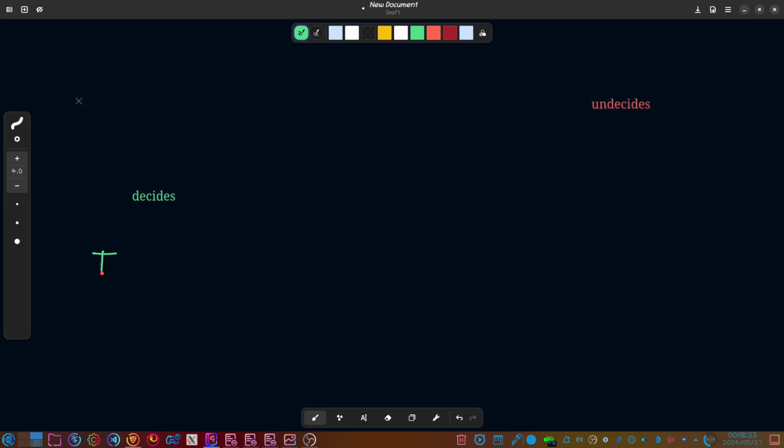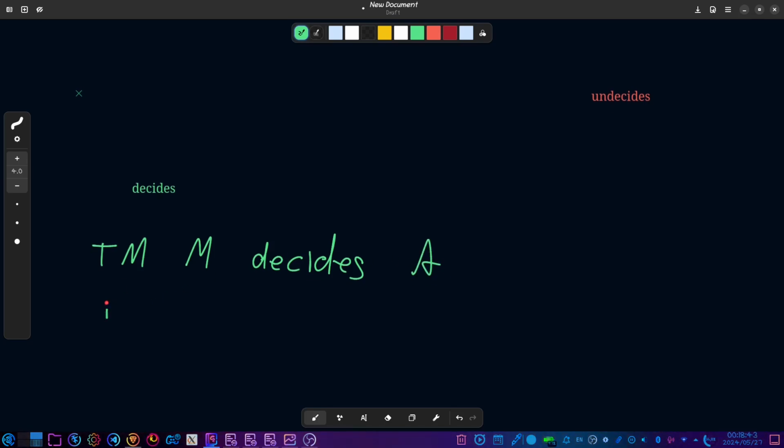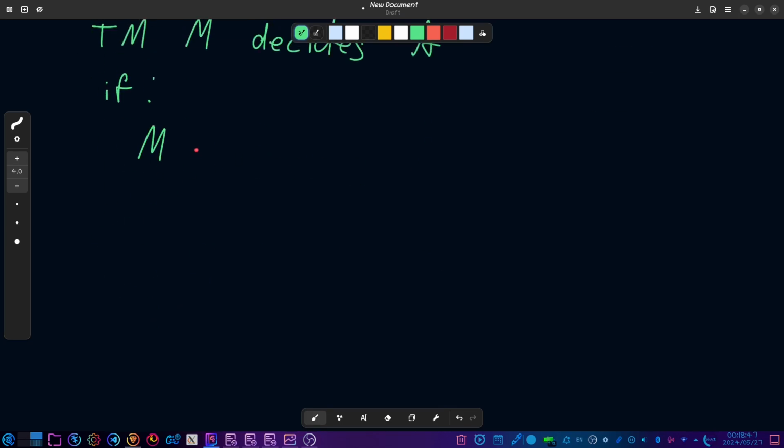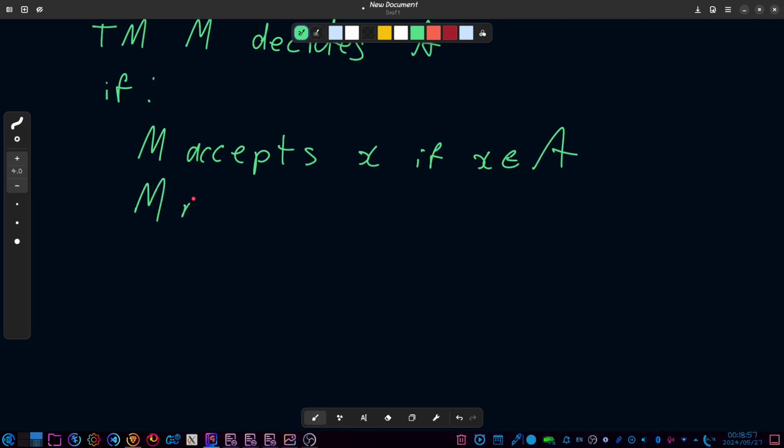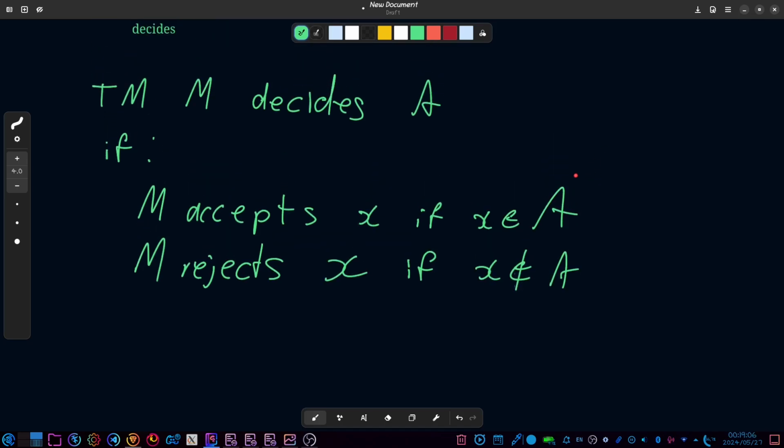So TM M decides A if M accepts X if X is in A, and M rejects X if X is not in A. Makes sense. Cool.